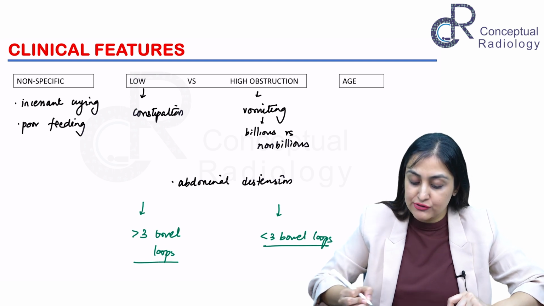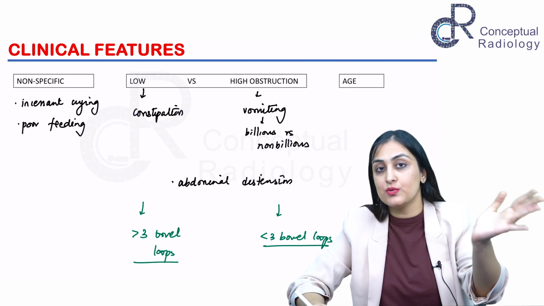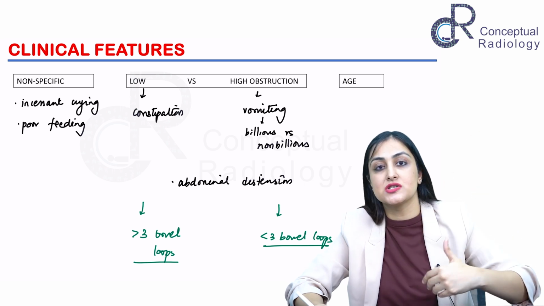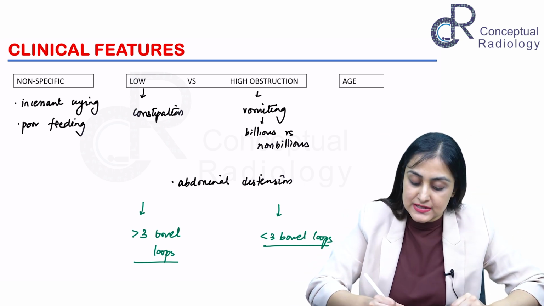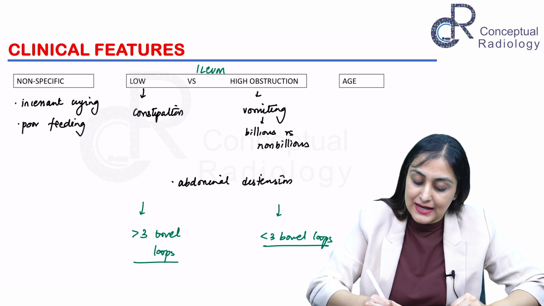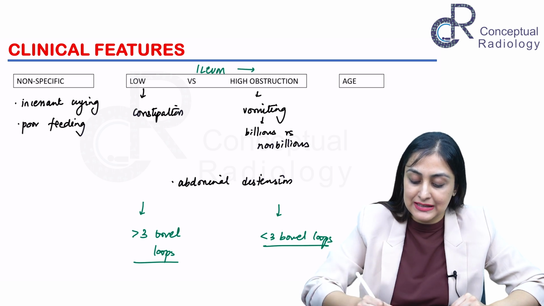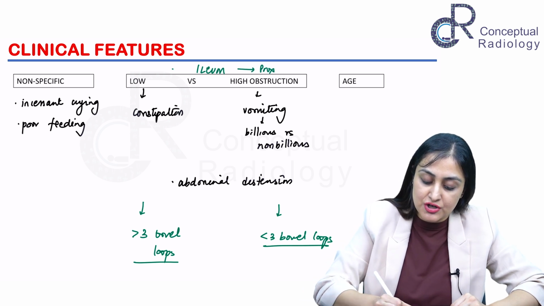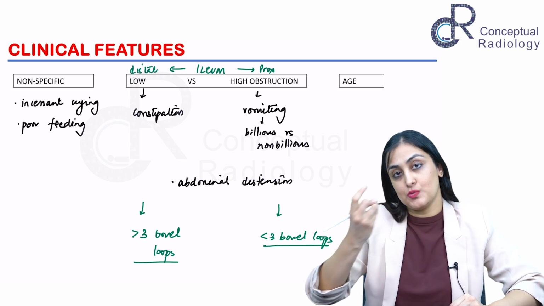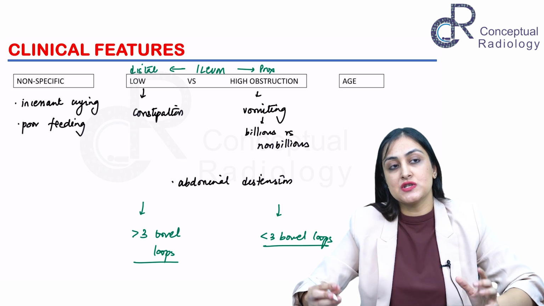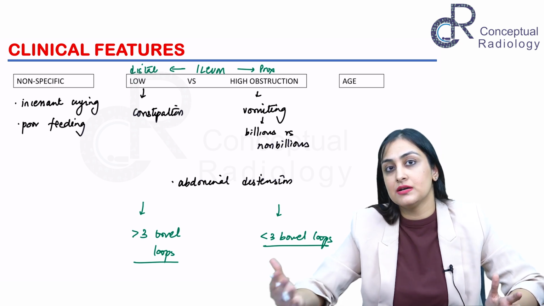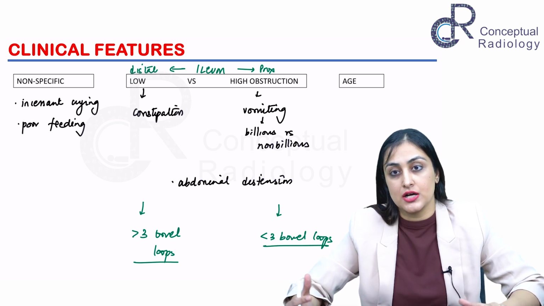And as per the definition, what is the cutoff point at which I'm saying that proximal to it is high and distal to it is low is considered to be ileum, right? So anything proximal to the ileum is considered to be high obstruction. Anything distal to the ileum is considered to be a low obstruction, right? So this is how we are broadly going to categorize the pathologies that we're going to discuss.